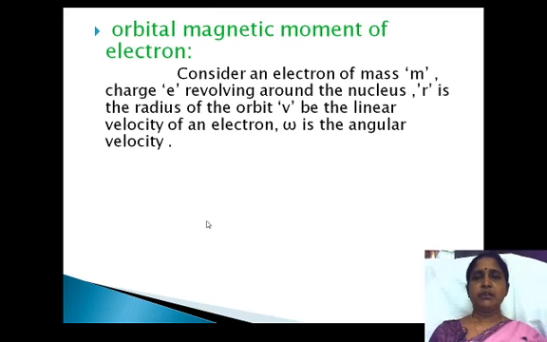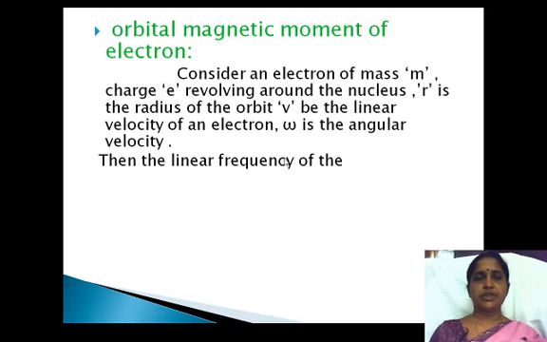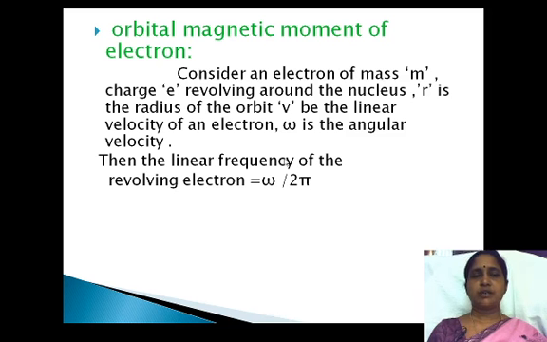So first we go to the orbital magnetic moment. In the orbital magnetic moment, consider an electron of mass m and charge e revolving around the nucleus. r is the radius of the orbit, v is the linear velocity of the electron, omega is the angular velocity.